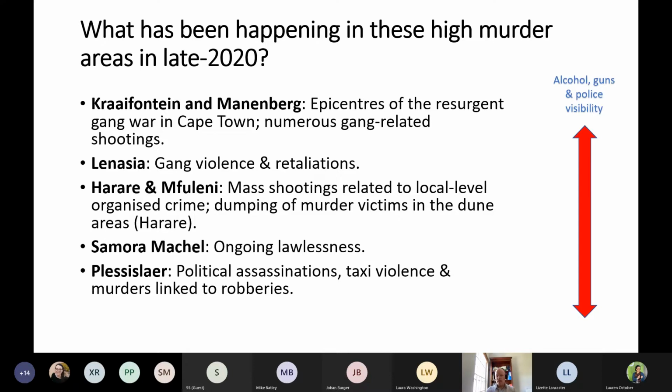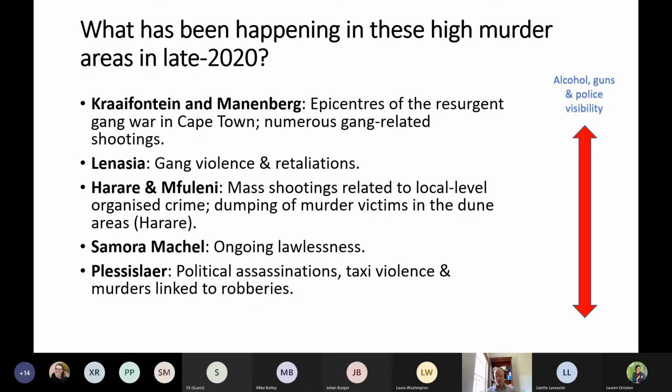Then Harare and Mufuleni, we've seen issues around local or city level organized crime, particularly around extortion from informal businesses, particularly shebeens, where organized criminal groups compete with each other and use violence to eliminate competition or to get compliance out of business owners.